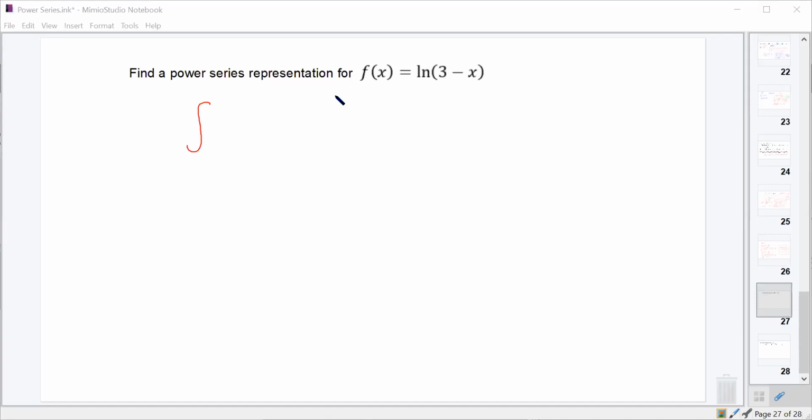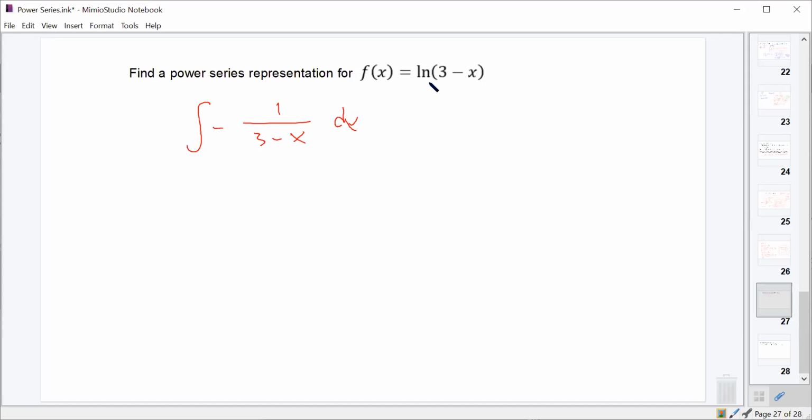That shouldn't be that difficult of a question. If we integrate the opposite of 1 over 3 minus x, that's just this integral, isn't it?